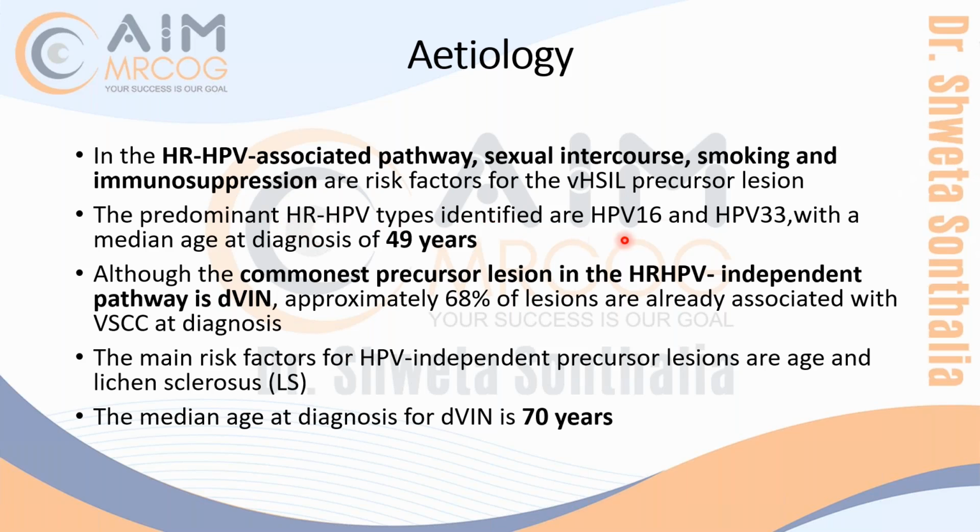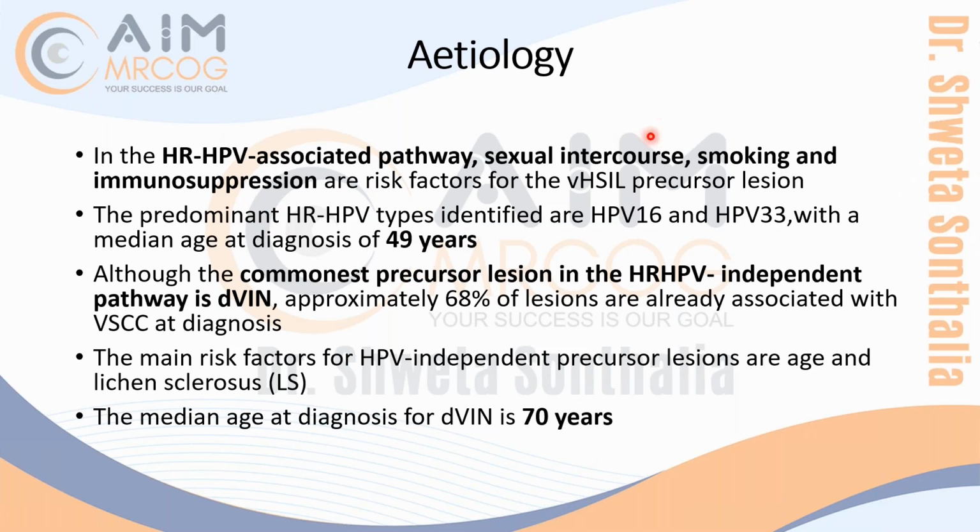The predominant types are HPV 16 and HPV 33, with a median age at diagnosis of 49 years. So this presents a little earlier compared to the differentiated one, which develops in the background of lichen sclerosus and other dermatoses. That one presents a little later. The differentiated one will usually present around 70 years of age, while the HPV associated one will present at a younger age, around 49 years.